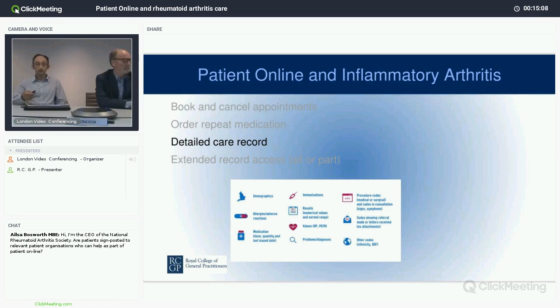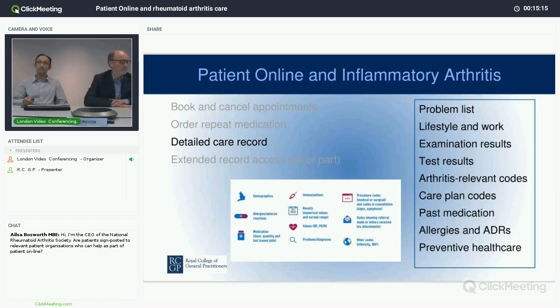But we're going to look more closely at the detailed care record and how they may be able to use that. And if you look on the right hand side there, that's basically the areas of the detailed care record where they may benefit. They will be able to access the problem list.